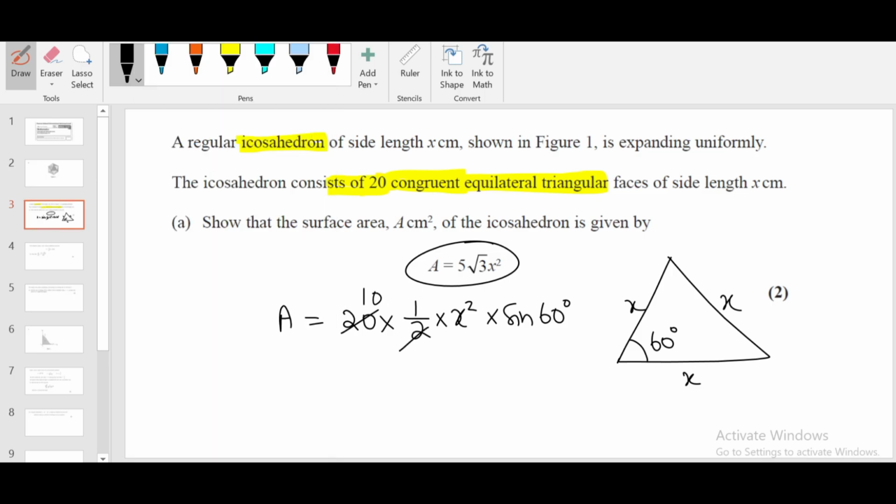So this would be 10 times x squared times root 3 over 2. You will get 5 root 3 x squared centimeters squared. That's the surface area. Just a 2 mark question.